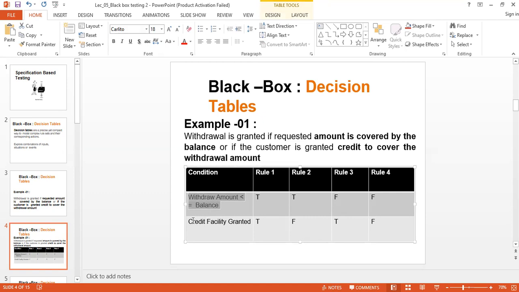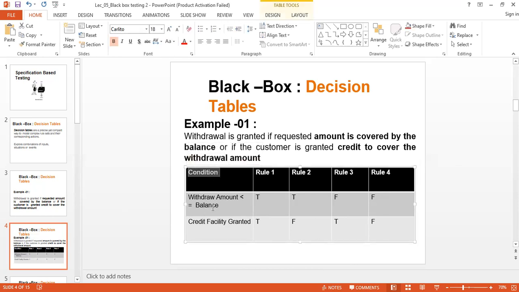But the bank will grant the credit facility. So in this case, it will be true. Likewise, here you can see the withdraw amount is less than or equal to balance is false. It means the customer will withdraw more money than the balance, and again here the bank will not grant the credit facility.